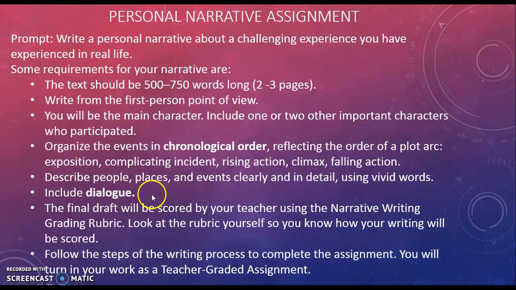Include dialogue. The final draft will be scored by your teacher using the narrative writing grading rubric. Look at the rubric yourself so you know how your writing will be scored. Follow the steps of the writing process to complete the assignment, and then you'll turn it in as a teacher-graded assignment. Again, your prompt is to write a personal narrative about a challenging experience you have experienced in real life.